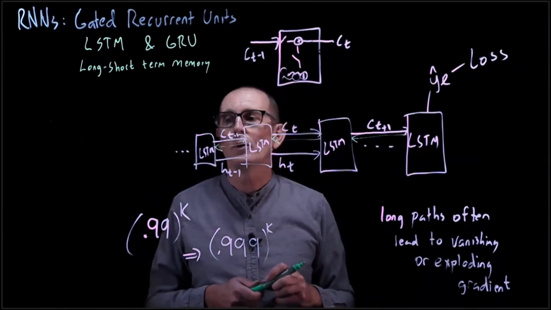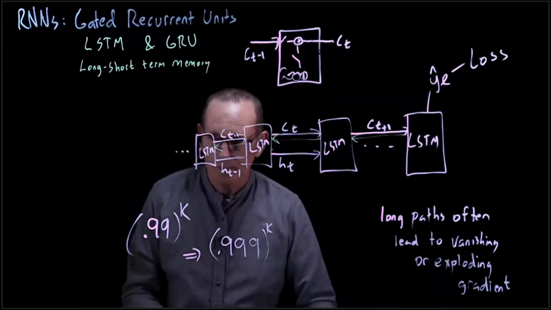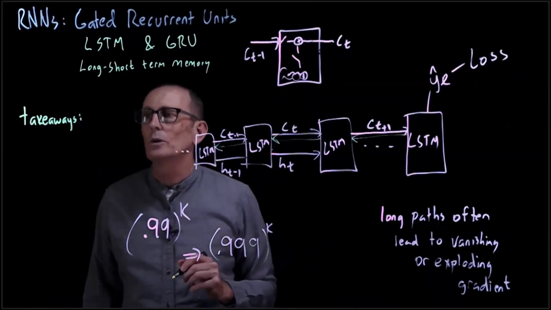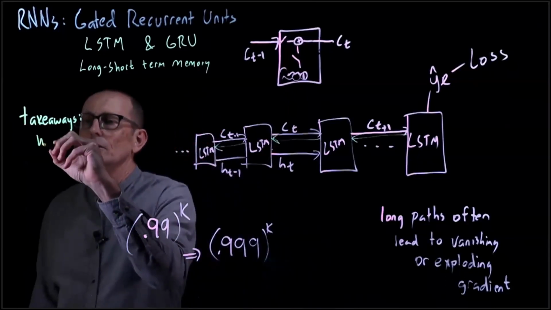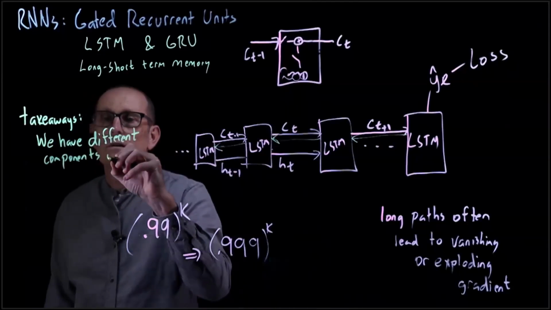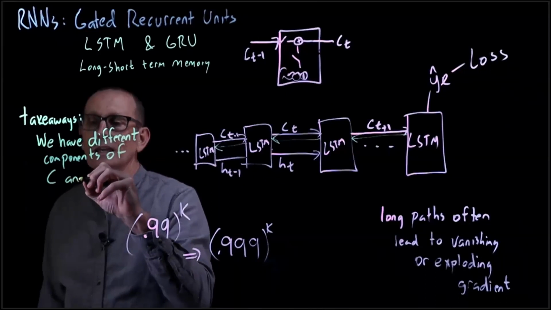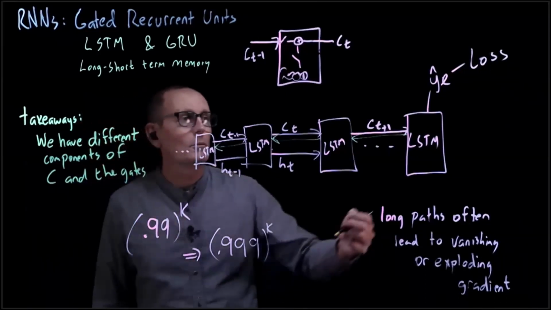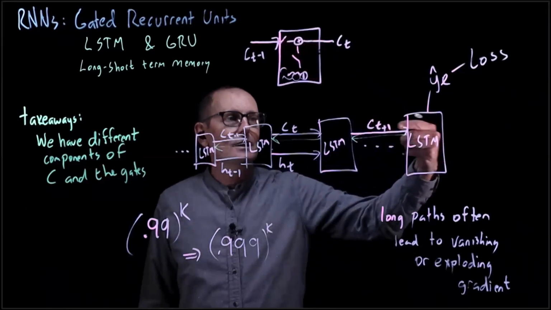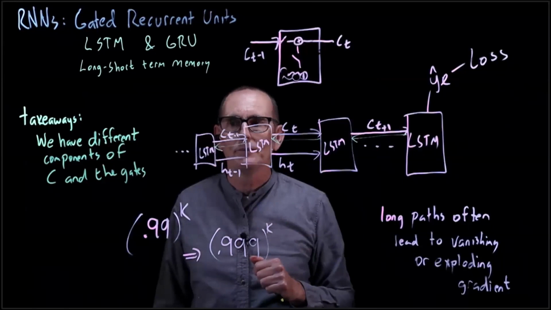Let's look at some important takeaways. One would be, we have different components of C and the gates. So one component may have that F gate closed and may be able to push gradient very well back through this path.